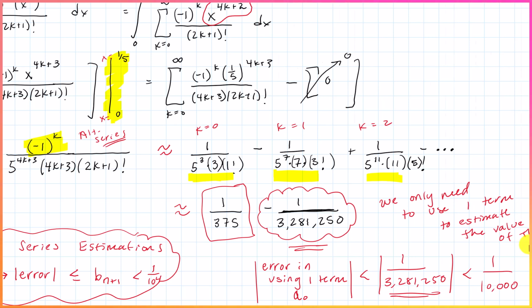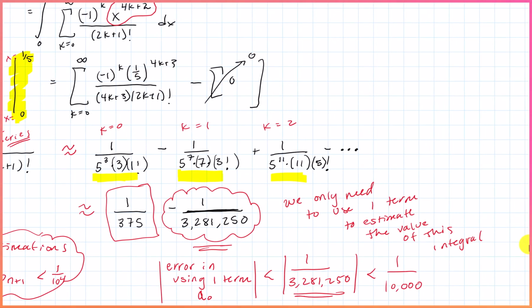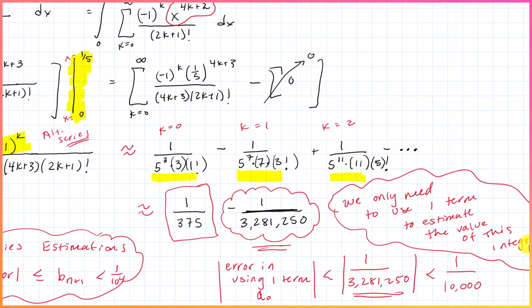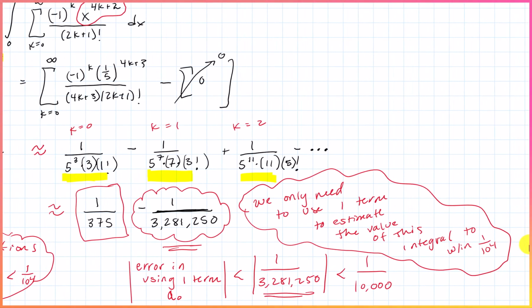The value of this integral to within 1 over 10 to the fourth. That's what we're saying right there, that we only need to use one term to estimate this to within 1 over 10,000 of the actual value.